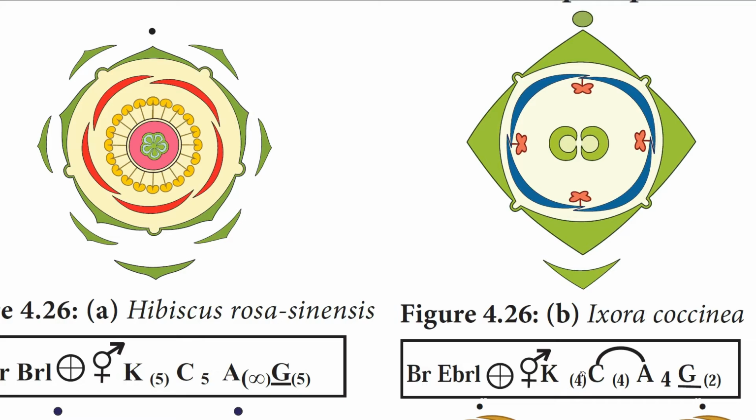Calyx 4, which are united. Corolla 4, which is also united. Synsepalous and synpetalous, and the androecium is joined with the corolla, so we have to draw the arc. It is epipetalous, 4 in number and separate from each other. Gynoecium is bicarpellary, syncarpous, superior ovary.